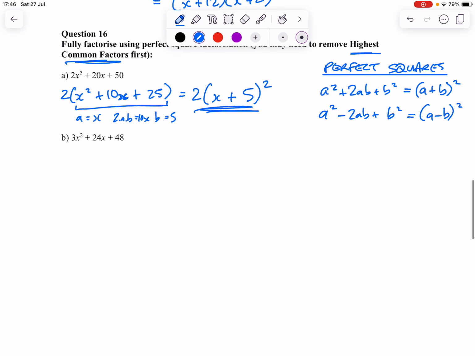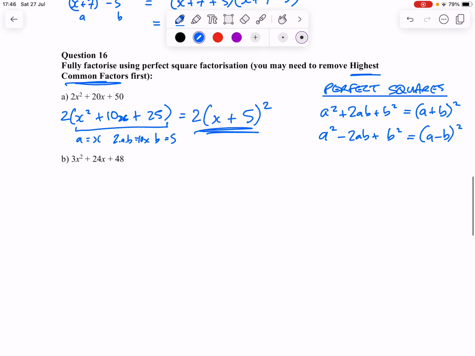Underline. Next one, 3x squared is not a square number, 48 is not a square number, so remove a common factor. 3 goes into all of these, so 3 goes on the outside, x squared. What do I times 3 by to get 24x? 8x. What do I times 3 by to get 48? 16.